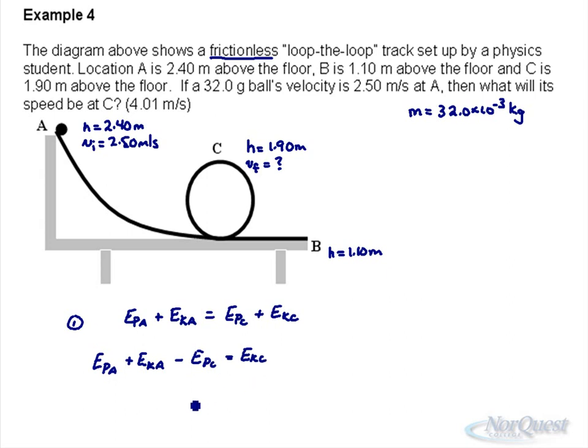Now let's put our formulas in. The potential energy at A will be mg, I'm going to go h at A, plus kinetic at A will be 1/2 mv, and I'm going to put v at A squared, just so I don't put the wrong velocities in, minus potential at C will be mg height at C equal to kinetic at C. I could put that formula in, but then it becomes pretty messy to work with.